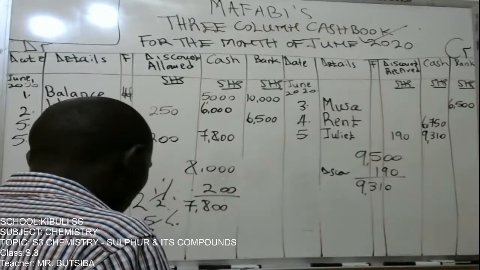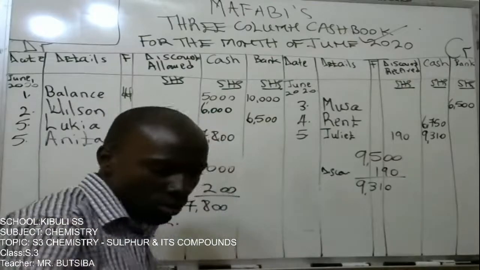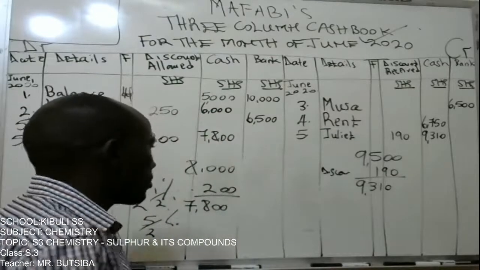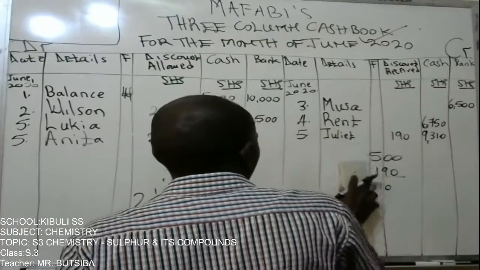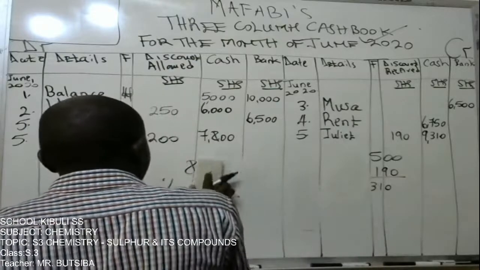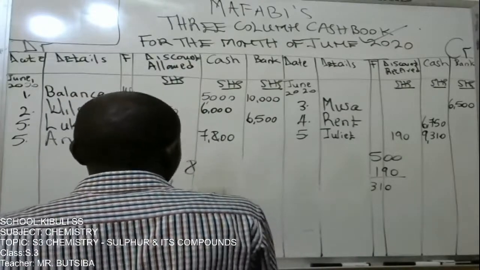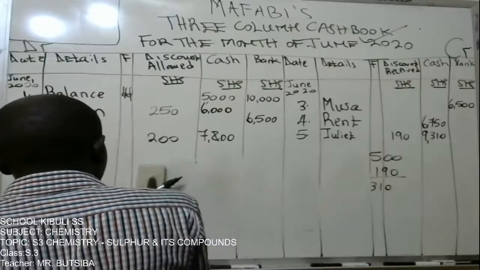Lastly, paid cash into bank. Hope someone is able to remember that transaction. It has been a common transaction as we even look at the 2-column cash book. So what is happening with such a transaction?